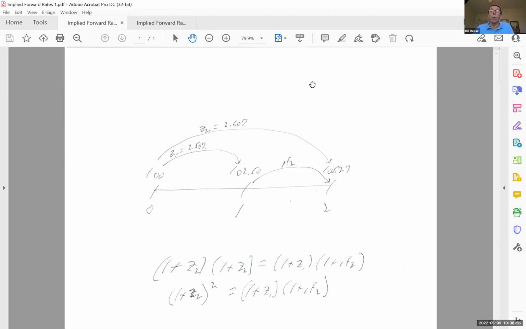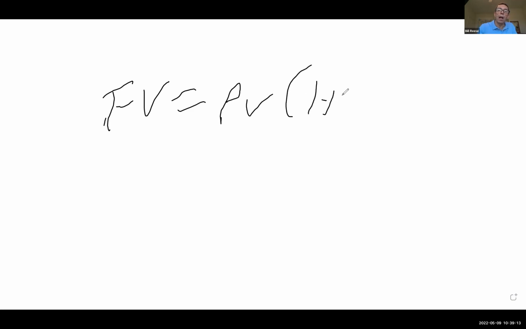So how does that work? Well, let's go to the whiteboard and we can draw this up fairly easily here. As you know, the future value is equal to the present value times 1 plus R to the T. Well, for our 6-month treasury, there's only 1 semi-annual period.